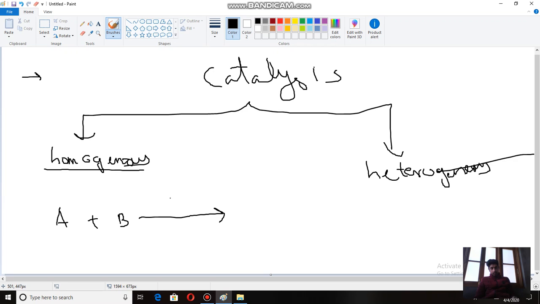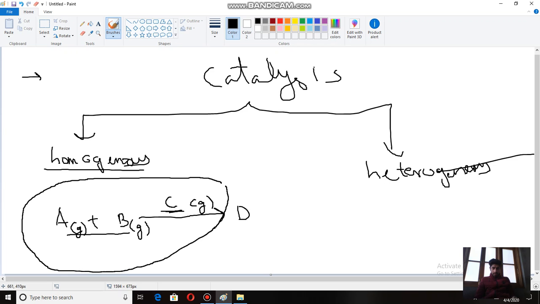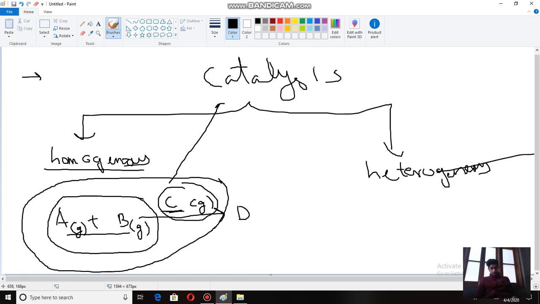Now we show the catalyst here, for example it's C, and A plus B in presence of this catalyst C gives D. Now when this A, for example, is present in gaseous state, and this B is also present in gaseous state, and this catalyst is also present in the gaseous state, now this type of reaction in which we use a catalyst which is in the same phase as the reactants, this type of catalysis is known as homogeneous catalysis.